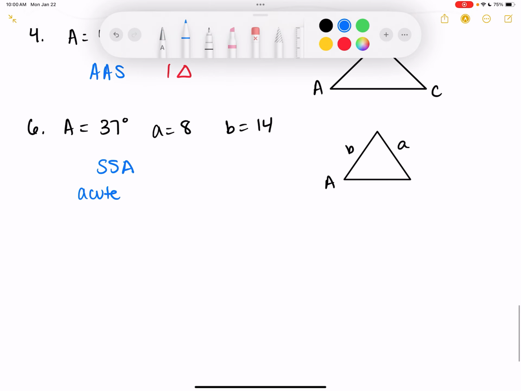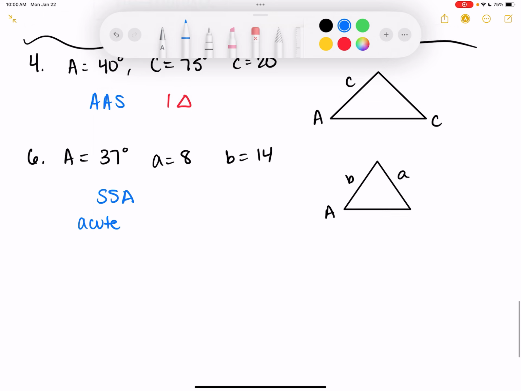A is less than B, so I need to find H. So H is equal to 14 sine of 8. Nope, sine of 37, not 8. So 14 sine of 37 is, I'm going to go out to one more decimal place. So that's going to be 8.4.